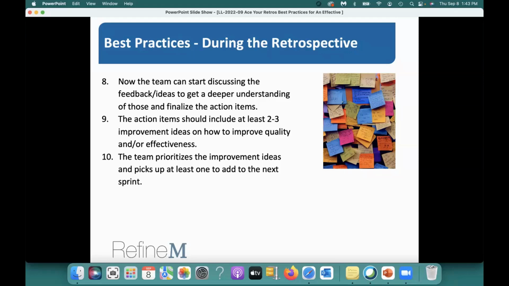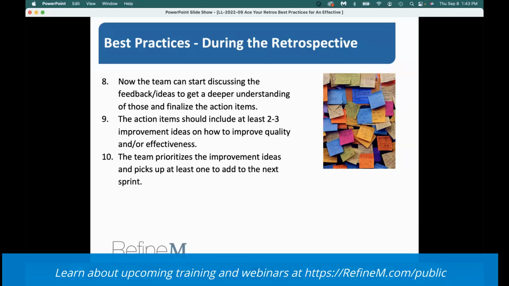Implement the topmost action item first. That is the kind of output we are looking for: at least 1 to 2 ideas, and at least one of them implemented in the next sprint. All right, let's move forward.